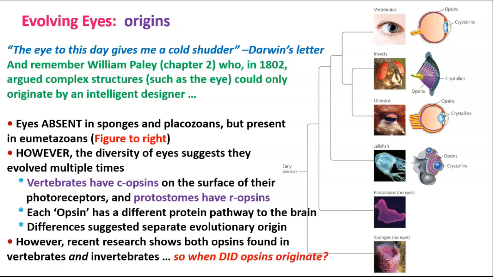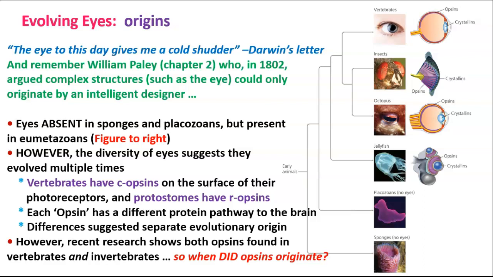So eyes are completely absent in sponges, which are basal early animals, and placozoans, which are flat little animals. You wouldn't even hardly think of them as animals if you saw one. There's no differentiation of tissues, no organs. It almost looks like a multicellular amoeba crawling around.